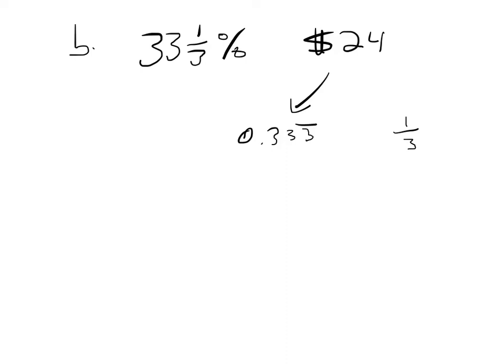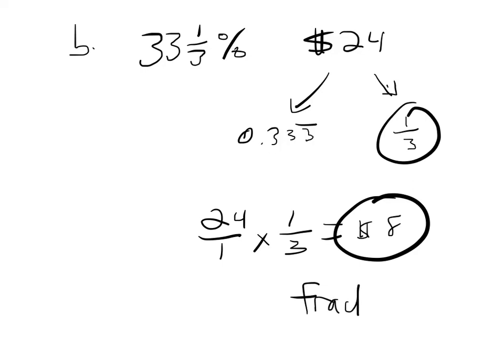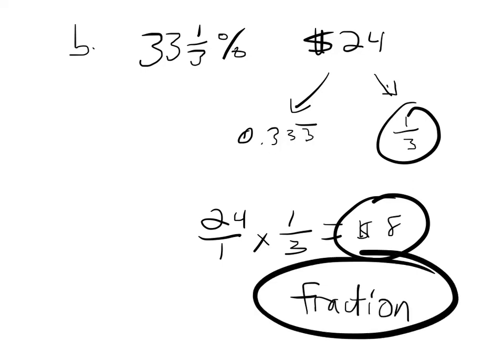So in this case, because this is probably not only going to be more accurate and easier, I'm going to go with 24 over 1 times 1 over 3, which will get me $8 off. So I am going to choose this time a fraction as my answer. That's going to be the easiest way to do B rather than a decimal number.